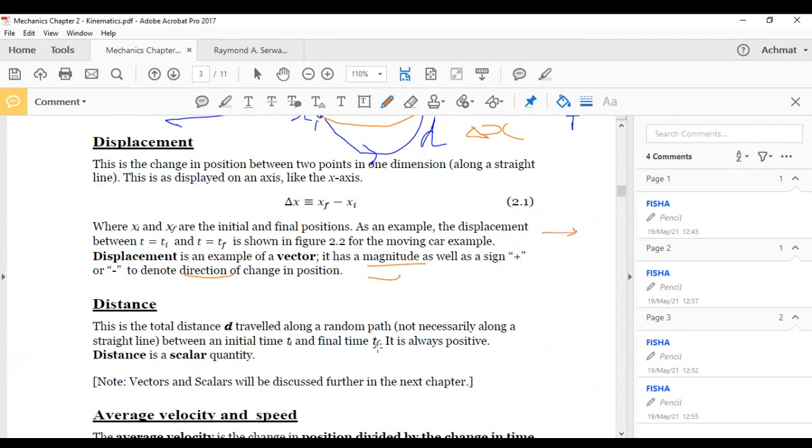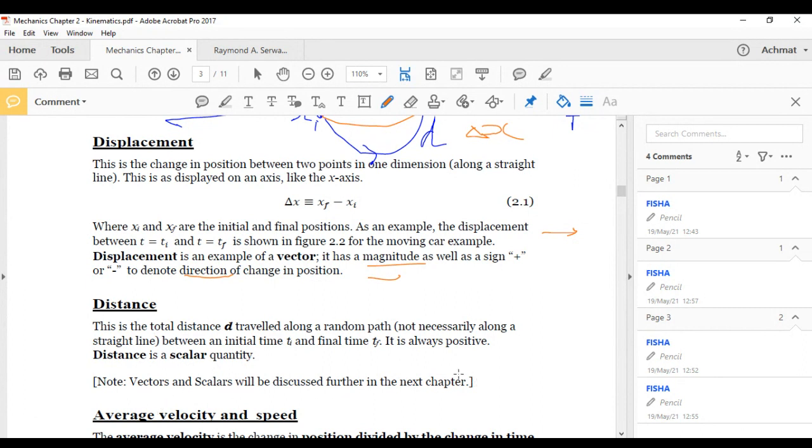Can any one of you go back in time? If you could, you would become younger, which doesn't make sense. So time is a scalar, only positive. Distance is also always positive. But in displacement you can have negatives. That makes displacement a vector and distance a scalar.